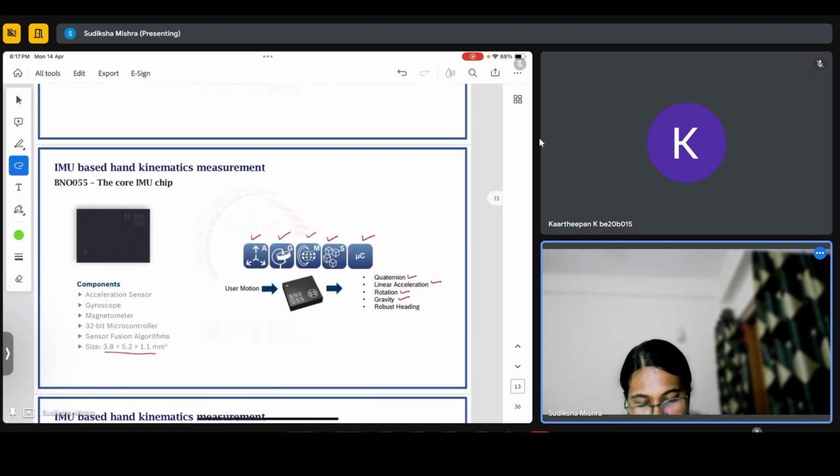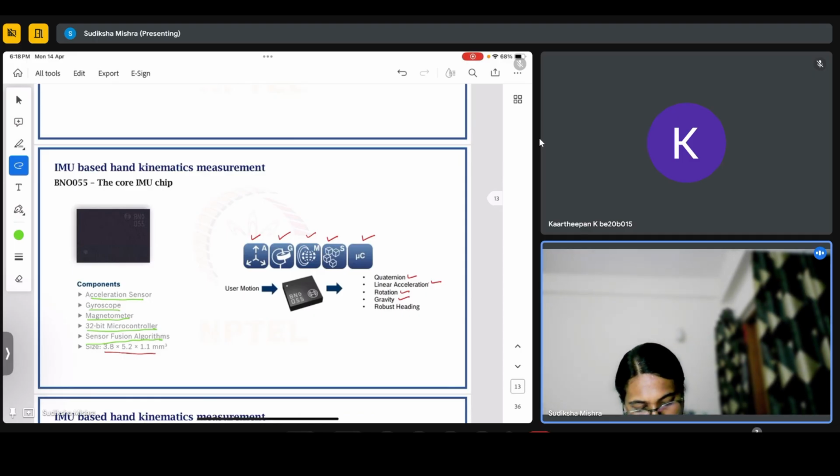Okay. So the chip itself for the IMU is a BNO 055 chip, which has an acceleration sensor, a gyroscope, a magnetometer, and a 32-bit microcontroller. So it can convert using a sensor fusion algorithm, take measurements in terms of quaternions, and then relay the information.